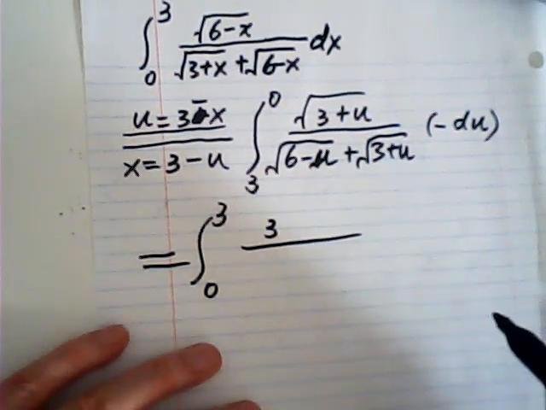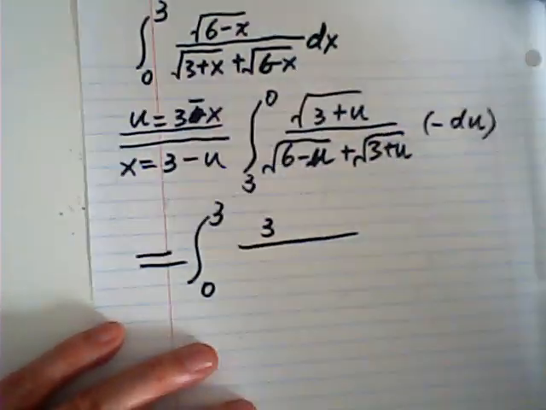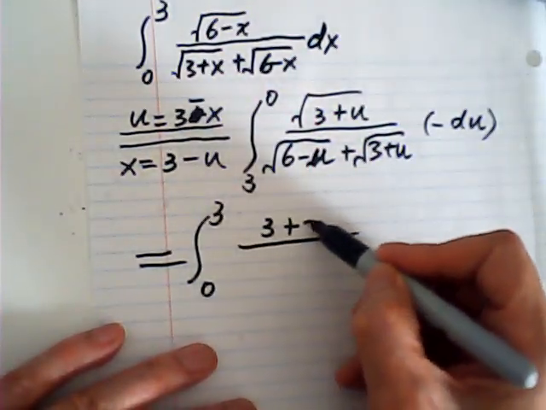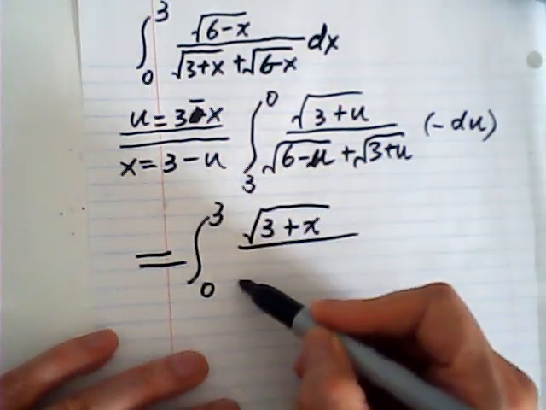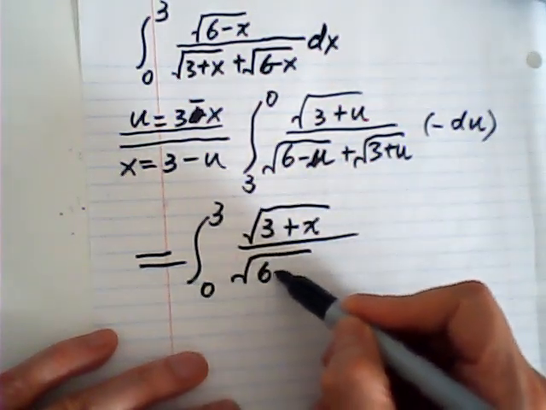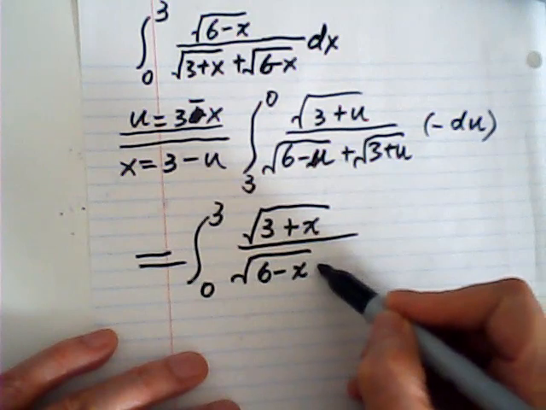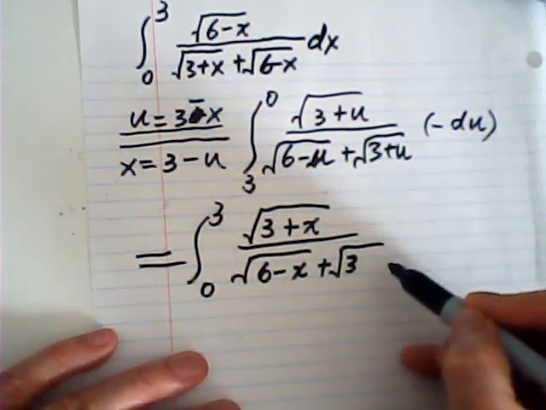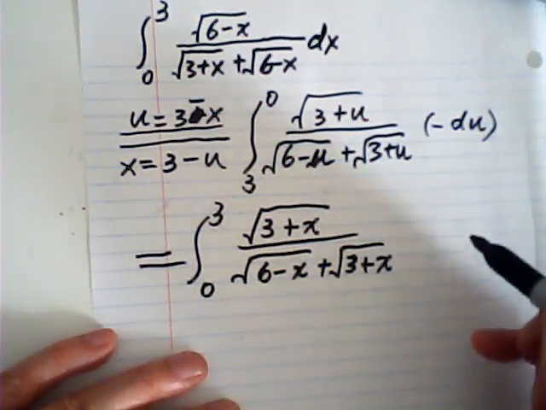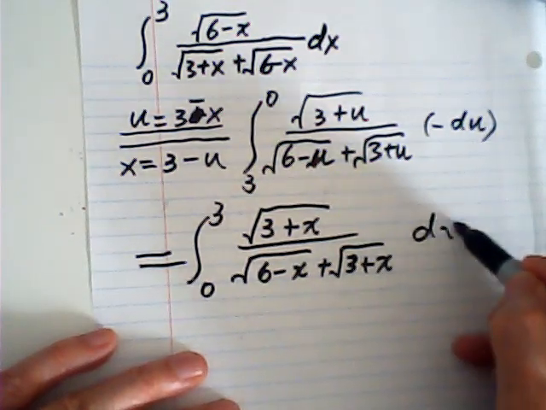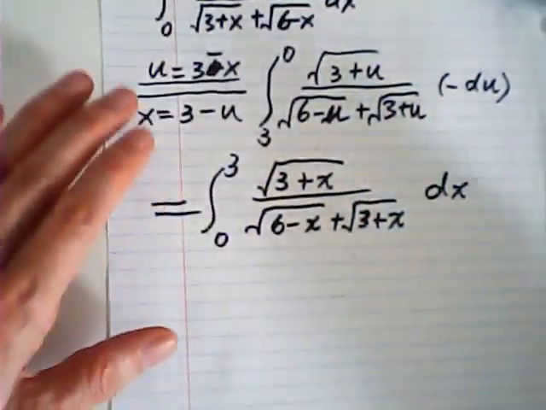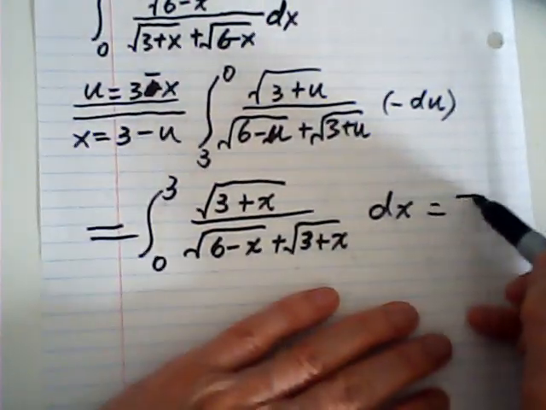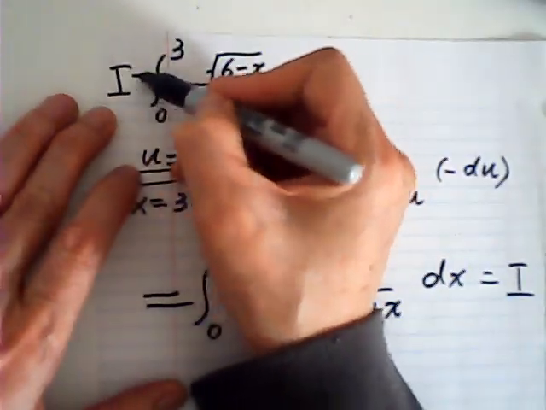Now because u and x are just dummy variables, I can change it to x, right? So this is 6 minus x plus 3 plus x, yeah, dx, right?